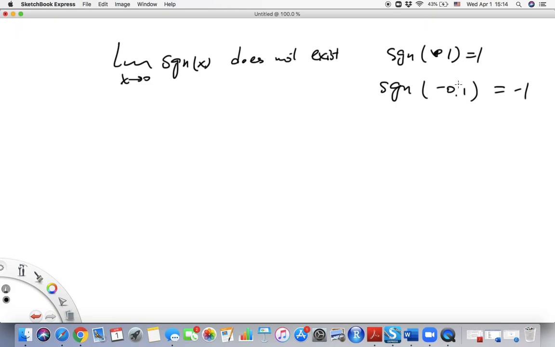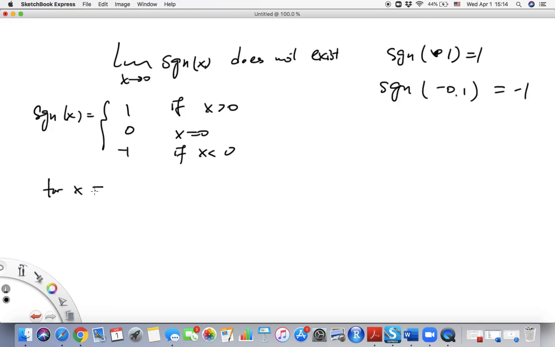So sgn(x) is equal to 1 if x is greater than 0, equal to 0 if x is equal to 0, and minus 1 if x is less than 0. Alternatively, for x not equal to 0, sgn(x) is equal to x over the absolute value of x. Okay, so we're going to show the limit does not exist at 0.